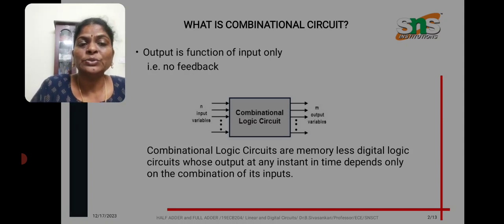We all very well know here we are adding two bits, A and B, and two outputs, sum and carry. So binary addition for two bits gives 4 combinations. 0 plus 0: sum 0 and carry 0. 0 plus 1 is 1, so sum is 1 and carry is 0. 1 plus 0 is 1, sum is 1, carry is 0.